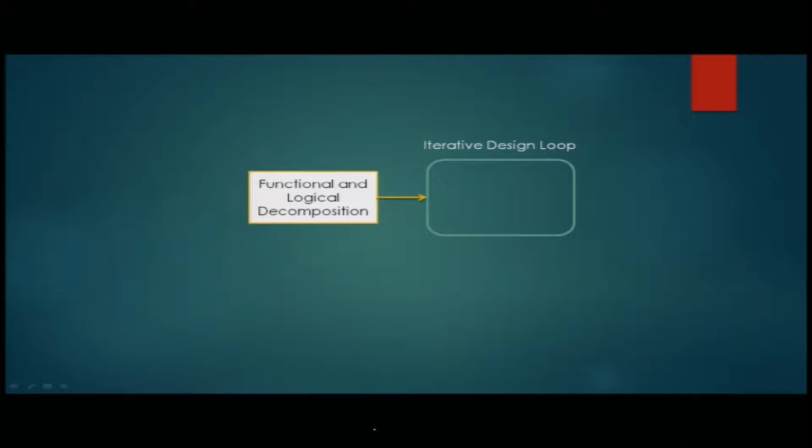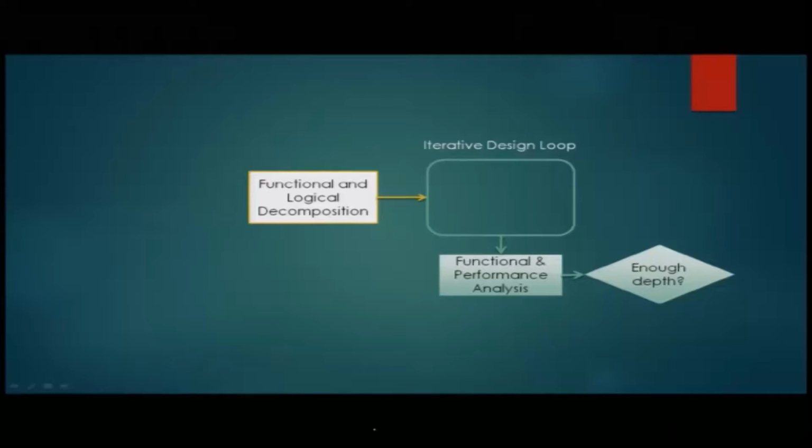And now we talk about how, after the iterative design loop, whatever output we get out of it, we subject it to something called the functional and the performance analysis. We try to decide whether the system meets the functional requirements and is also capable of the performance. This could be an independent audit to some extent, and it is usually a decision making process.